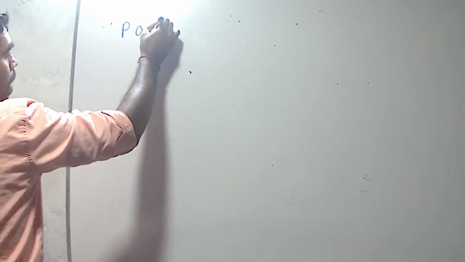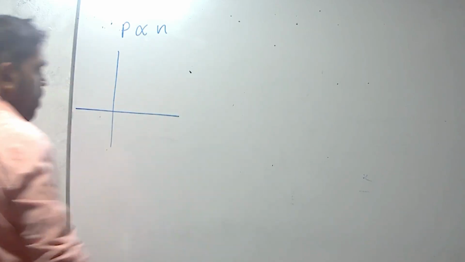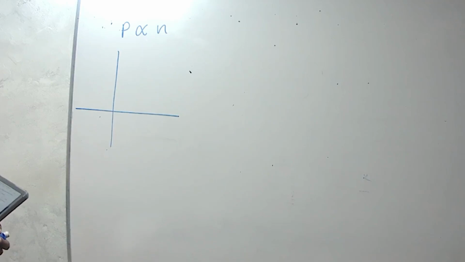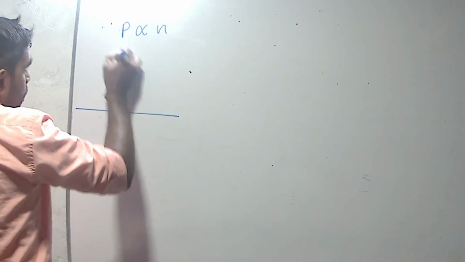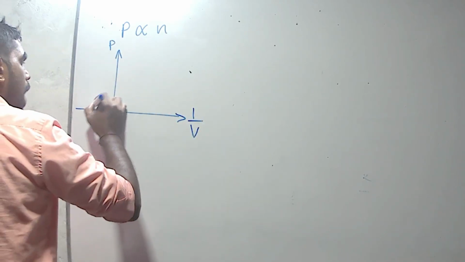Now, pressure is directly proportional to number of moles. Therefore, when increasing number of moles, we can obtain a higher pressure. And the graph between pressure and 1 over V should be a graph like this.